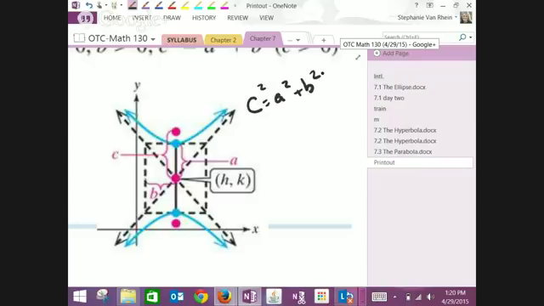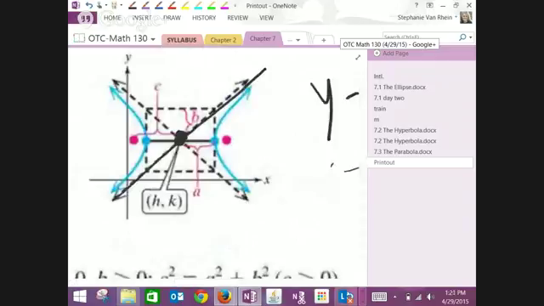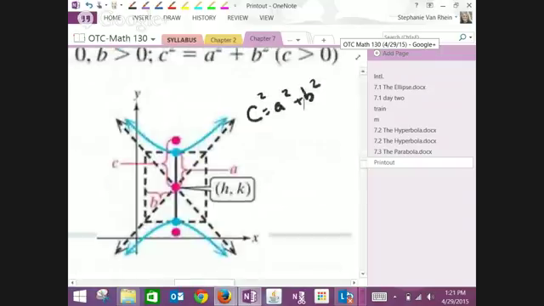So if A is under the X term, it's going to be the A unit and move along the x-axis. If A is under the Y term, it's the opposite, right? Like this one here.